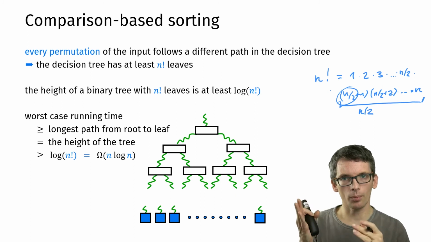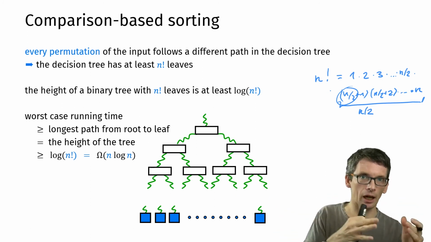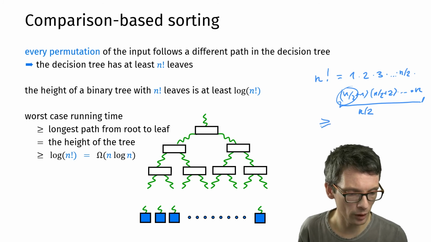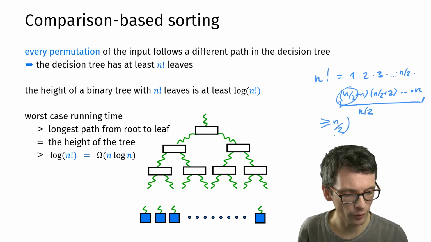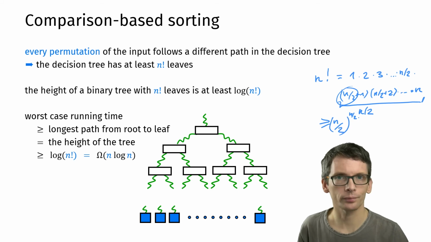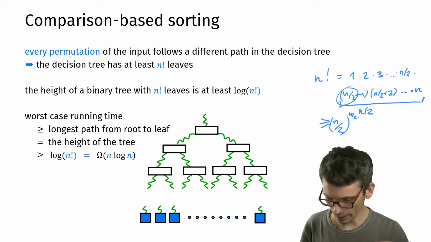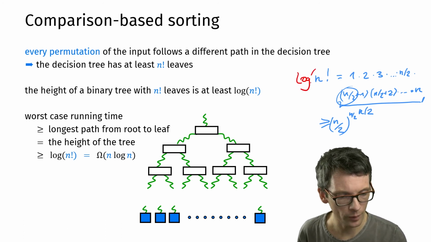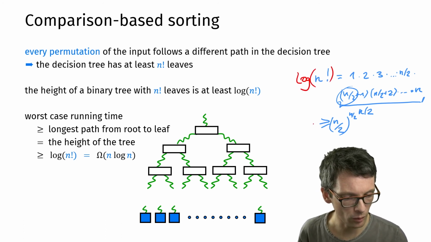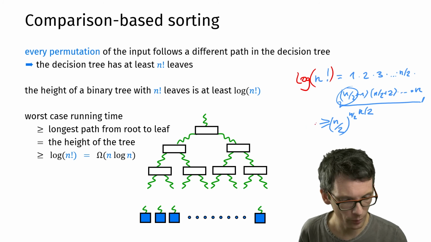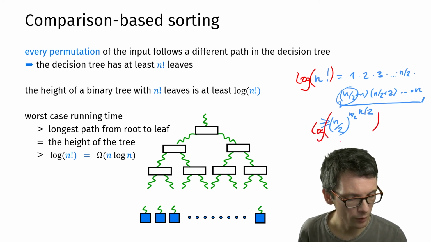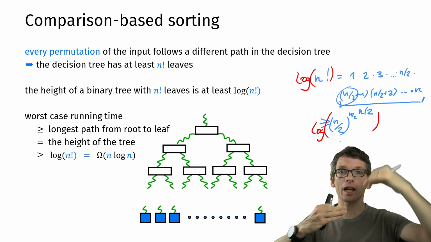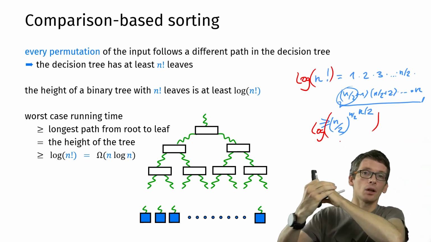So as a lower bound, I have n half times n half times n half, n half times. So I have a lower bound on n factorial of n half to the n half. But now if I take the logarithm, the logarithm of a to the b is b times log of a.